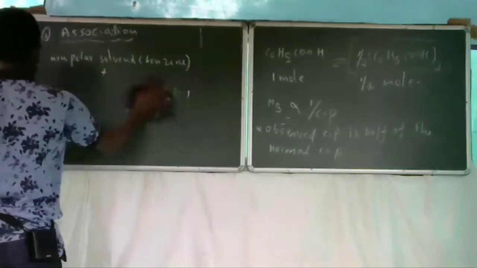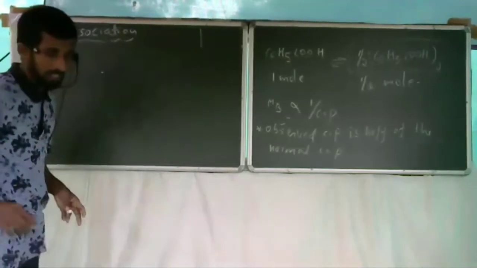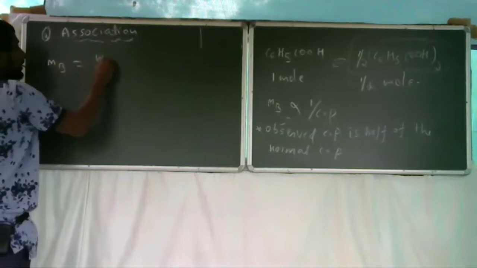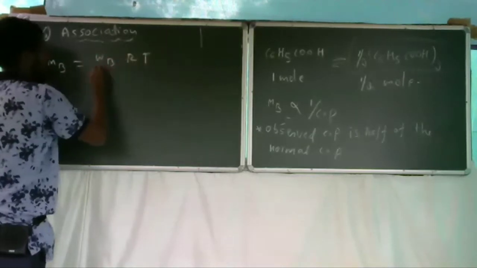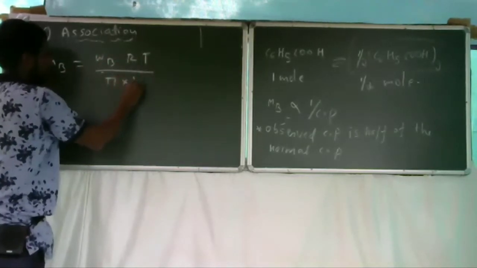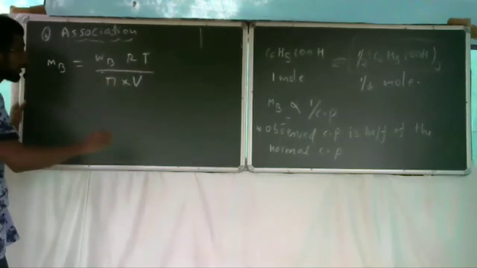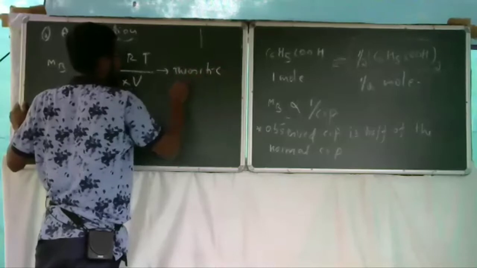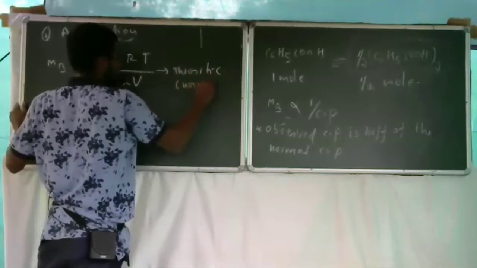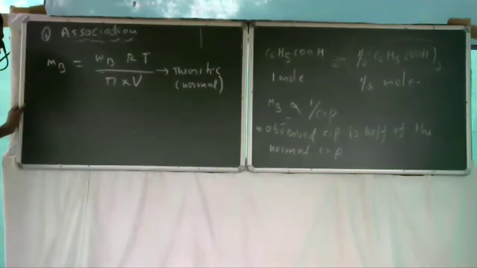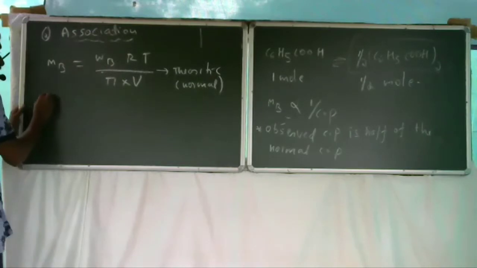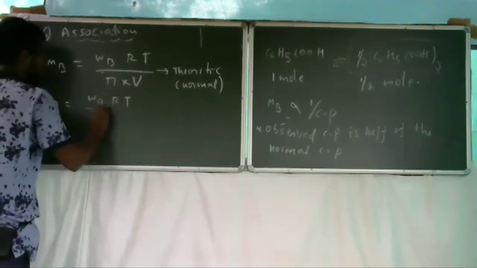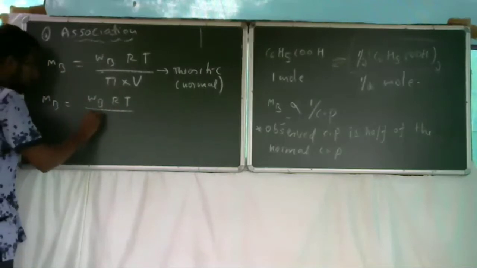Substitute that data here. Take osmotic pressure, that is Mb equal to Wb RT divided by pi into V. That one is nothing but theoretical or normal molar mass. Then Mb equal to Wb RT divided by observed colligative property.